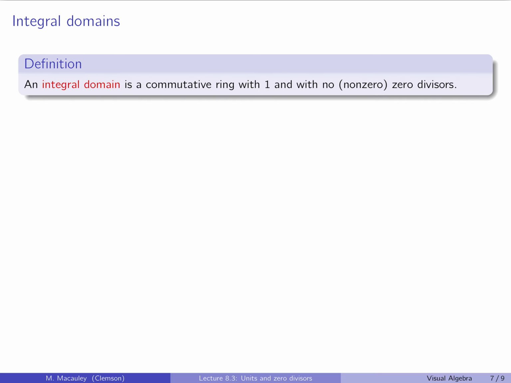Here is another type of ring, and this is one of the most important ones that we'll see throughout this chapter and the next. It's called an integral domain. This is a commutative ring with 1 and with no non-zero zero divisors. You can think of this as a field, but without inverses. It's meant to generalize the notion of the ring of integers.